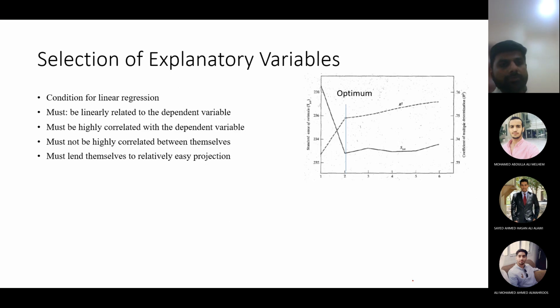Okay, how do you select the explanatory variables? Variables which will go as input into the equation. How do you select those variables?